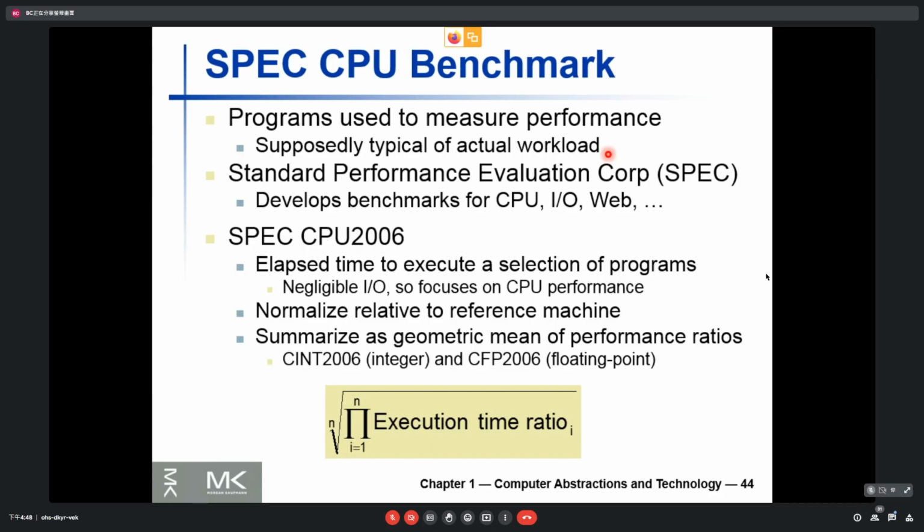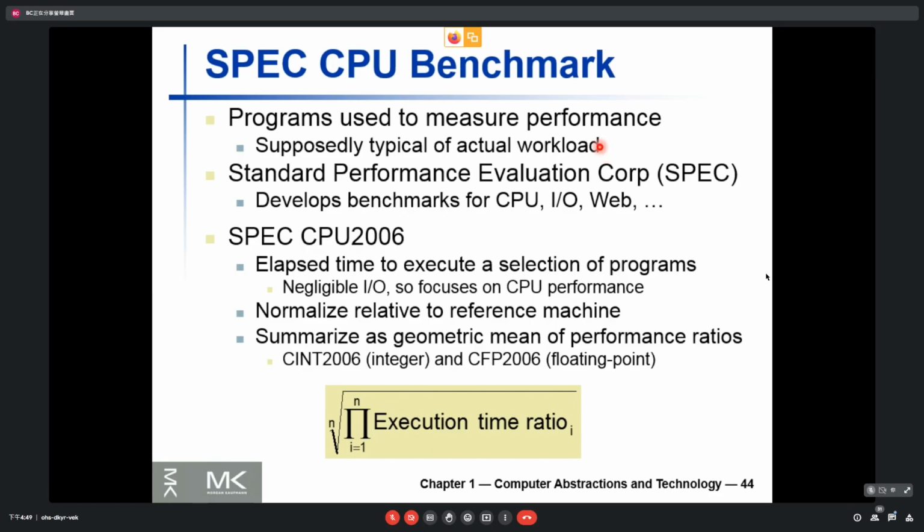And then you take the score from different benchmark programs, combine them together, do an average, and you get a score, 平均. Okay, you get an average score that represents the average performance of this processor, of this CPU.